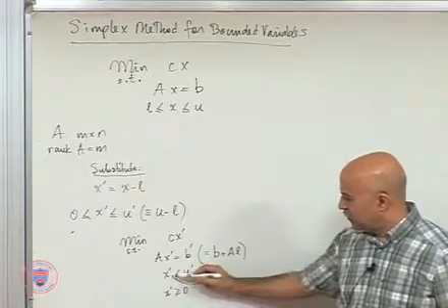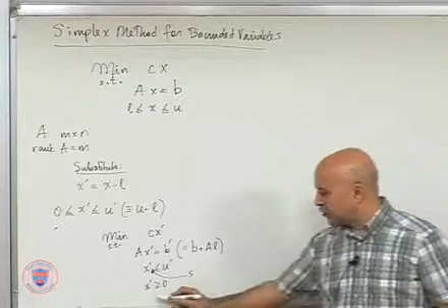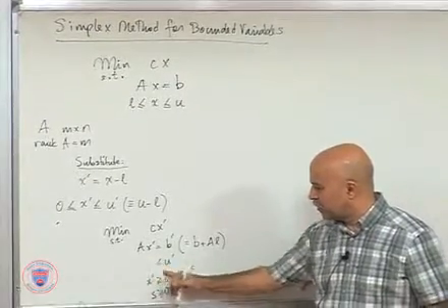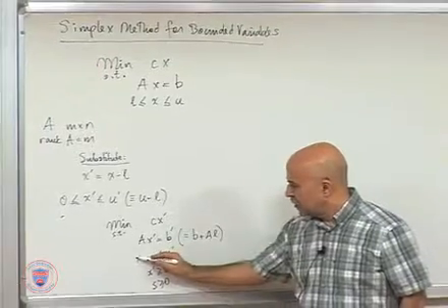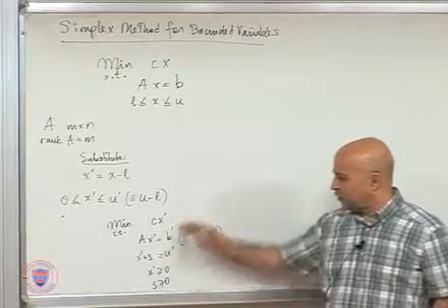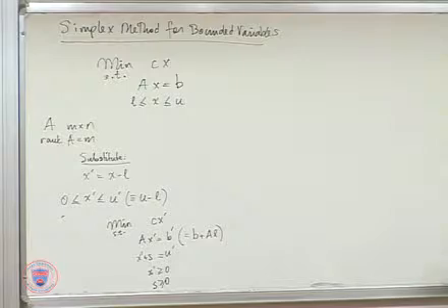So if you add a vector of slacks, say S, and also require S to be greater than or equal to 0, this becomes, with slacks, x prime plus S equals U prime. So everything is in just about standard form.